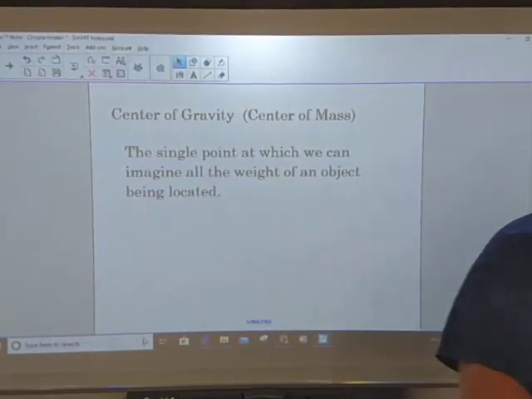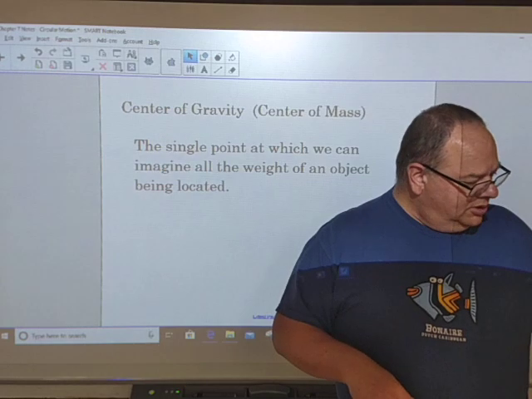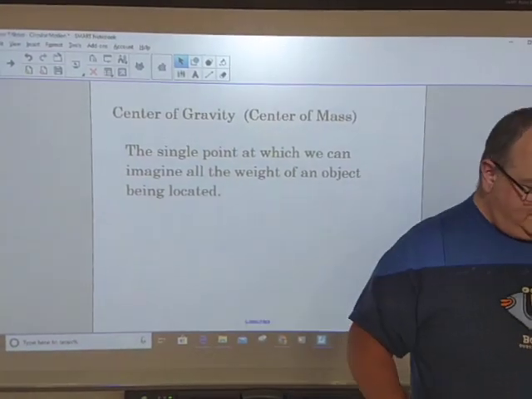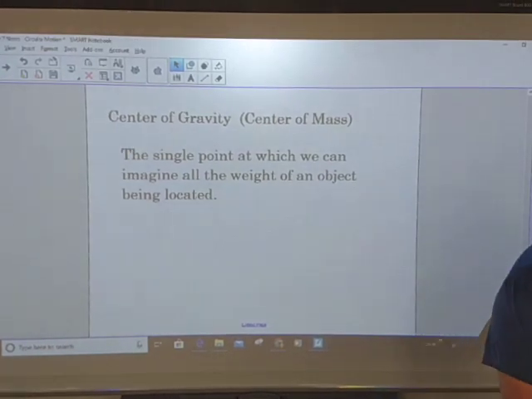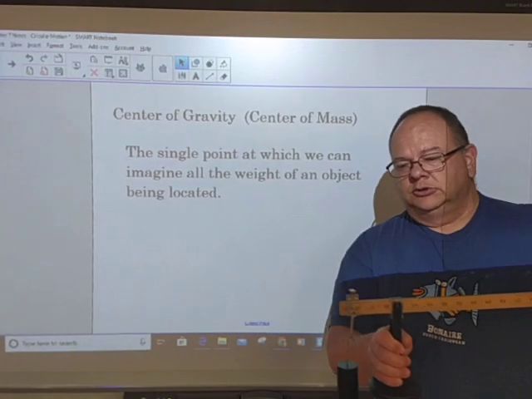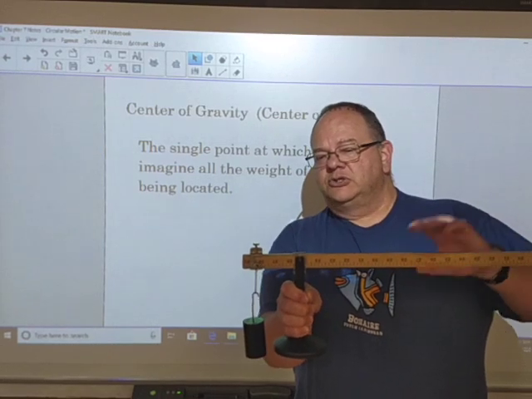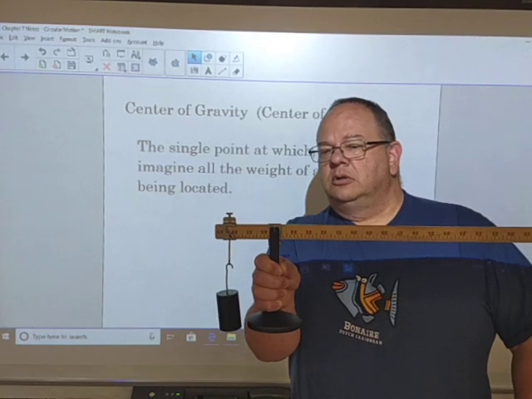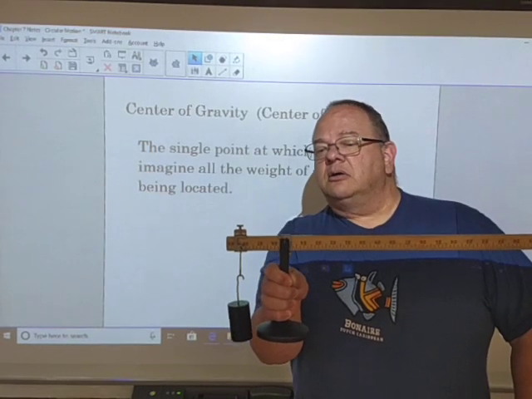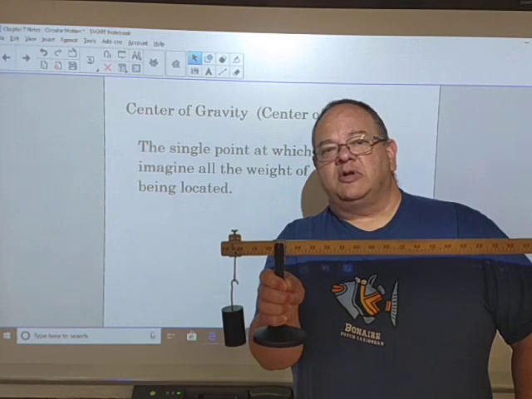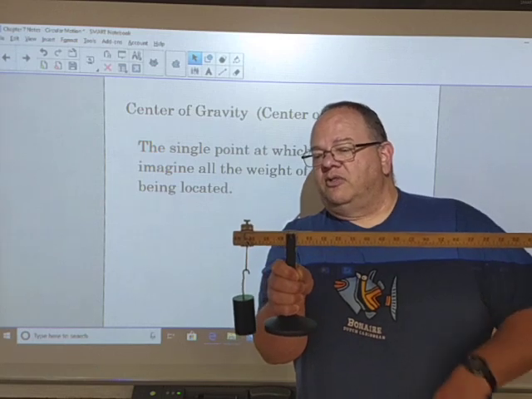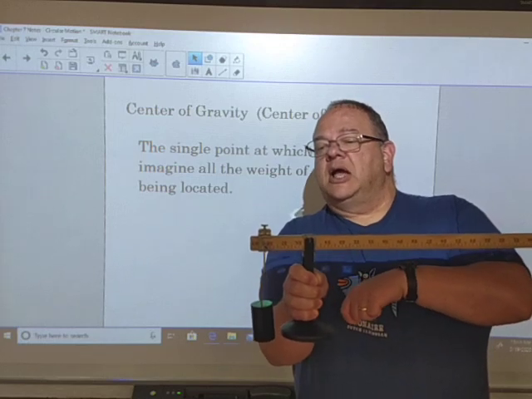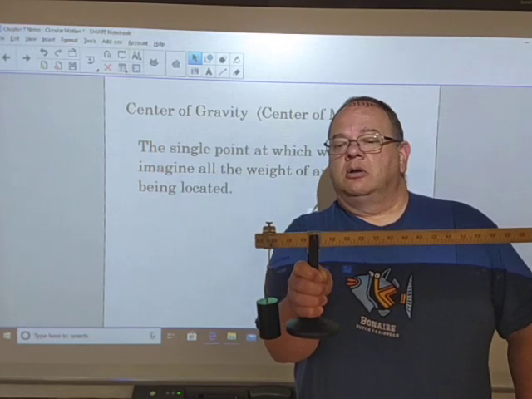If I have something that wasn't balanced like that, well, I do have one. Okay, I have this scenario. And you see that I have a meter stick balanced just past the 90 centimeter mark, with a 500 gram mass out here at about the 97.5 centimeter mark.